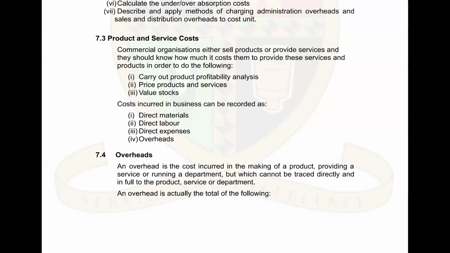Sir, what of the production manager? Where does he or she fall? What does the production manager do? Are they in the category of direct labor or indirect labor? I'm asking, what does the production manager do? Can you attribute his work to a specific product?